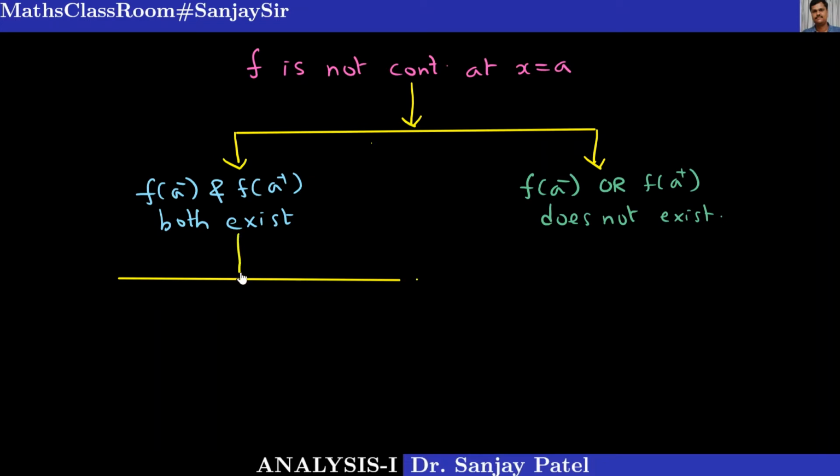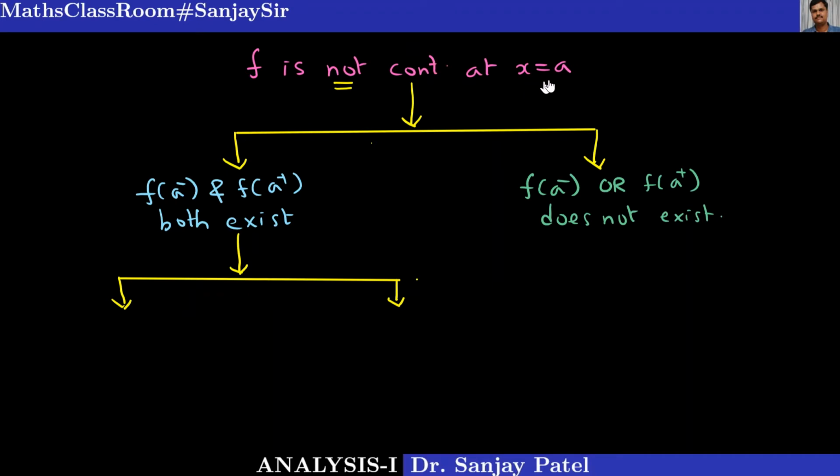Suppose f of a plus and f of a minus exist, but the function is not continuous. Then there are two possibilities in this case.